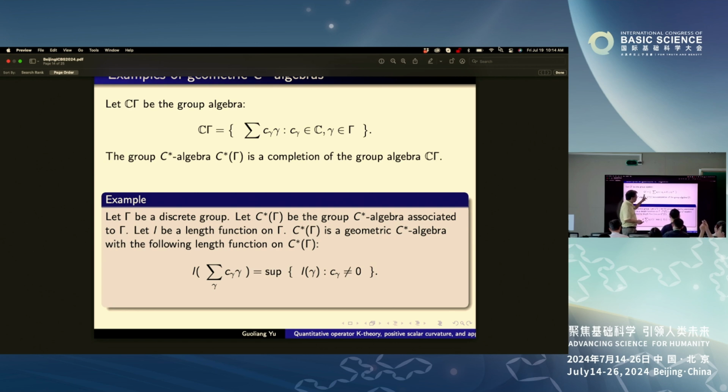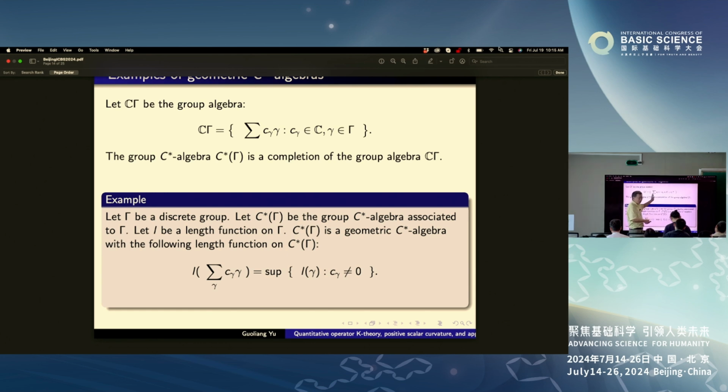You translate a topological problem to an algebraic problem. Sometimes you take Z coefficient, but since I'm an analyst, I would like to do it with complex coefficient. So you just take formal sum, finite sum, with complex coefficient with group elements. This is an algebra. This is a way of turning a group into an algebra.